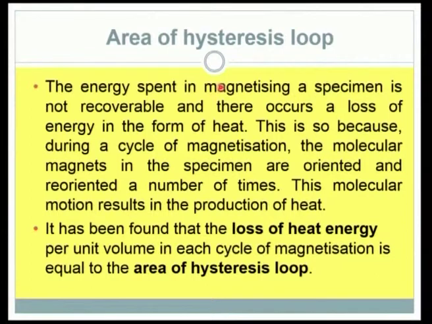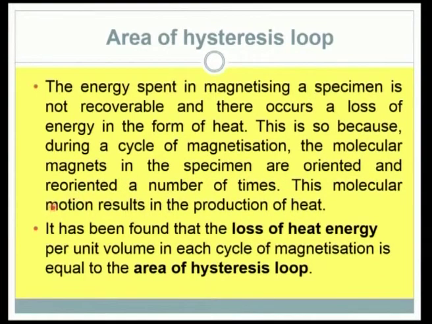The energy spent in magnetizing a specimen is not recoverable, and there occurs a loss of energy in the form of heat. This is so because during the cycle of magnetization, the molecular magnets in the specimen are oriented and reoriented a number of times.